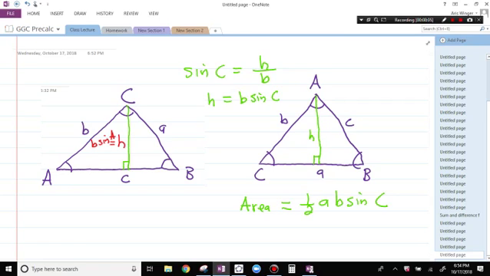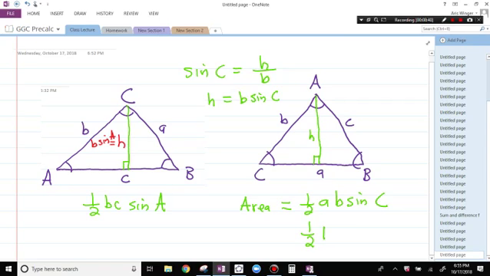Okay. And finally, if I turn it on the other side, what's the other way? It would be 1/2, what's the one that I've left out? The one we just did was 1/2 BC sine A. What's the other one? We have BC.